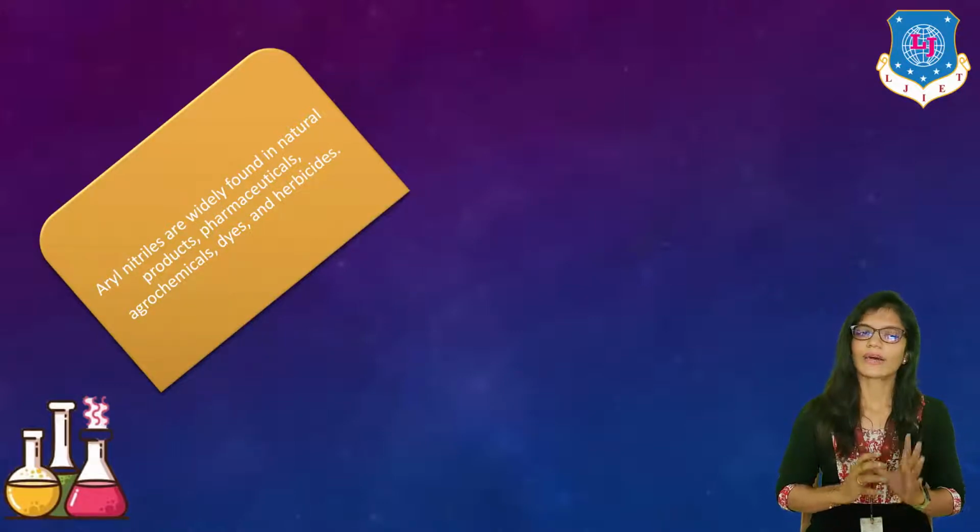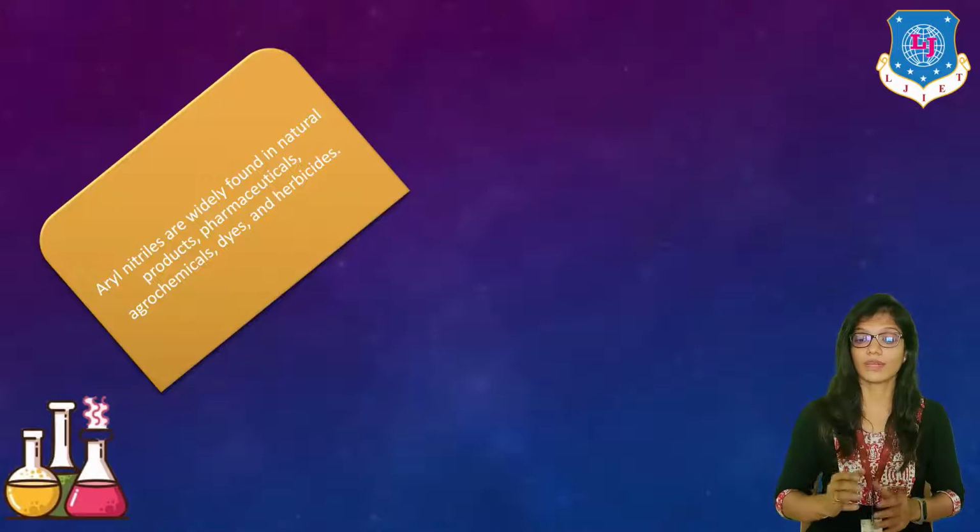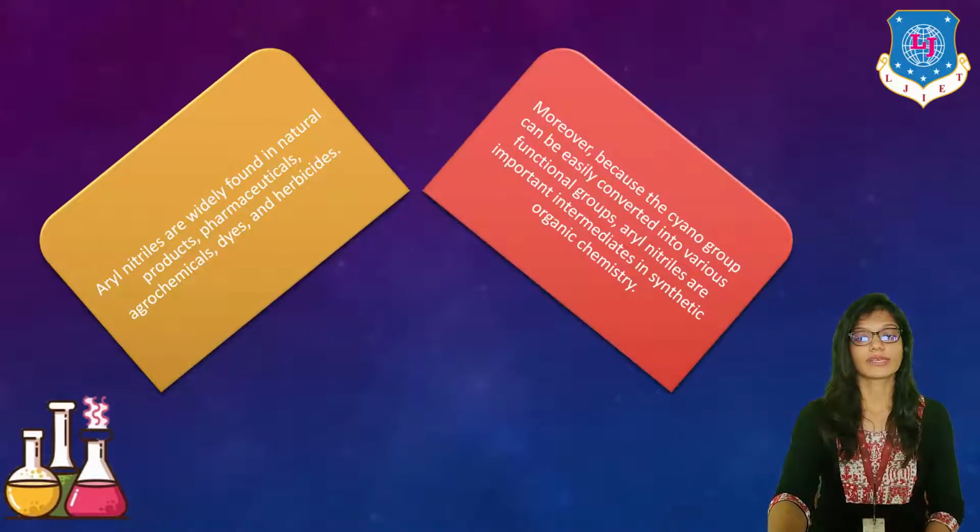Here, aryl nitriles are widely found in natural products, in different pharmaceuticals, in agrochemicals, in dyes and in herbicides. Moreover, because the cyano group can be easily converted into various functional groups, aryl nitriles are important intermediates in synthetic organic chemistry.